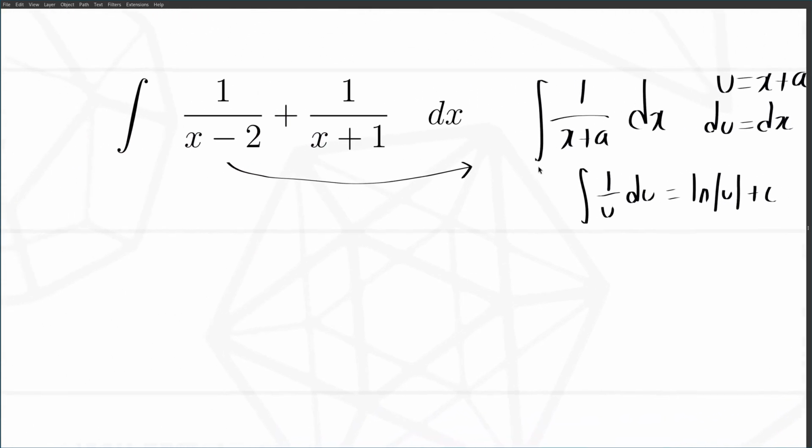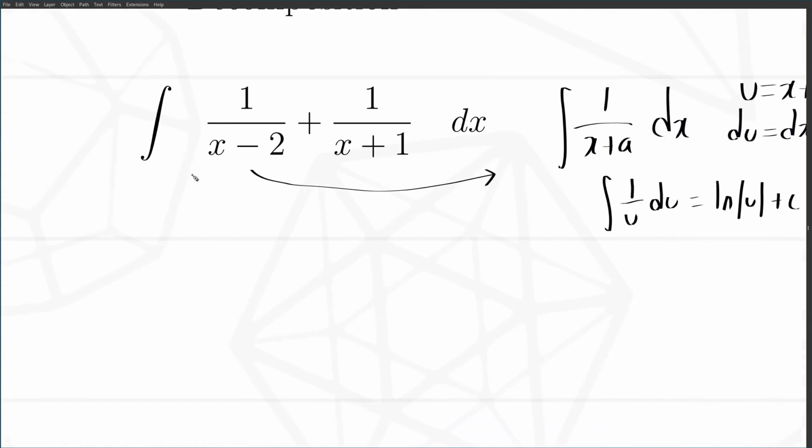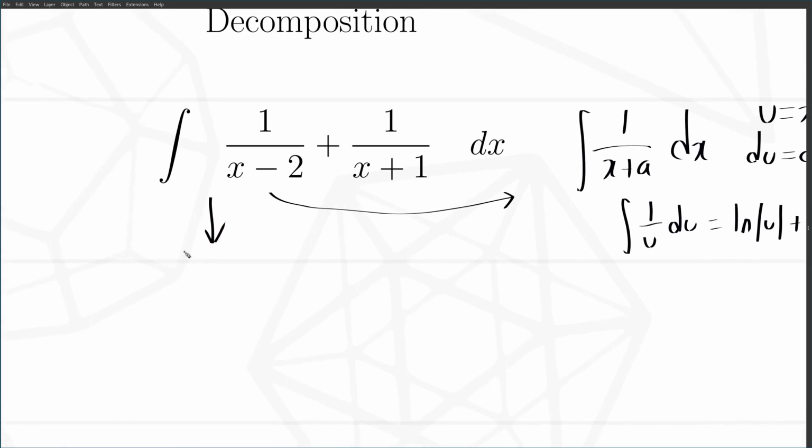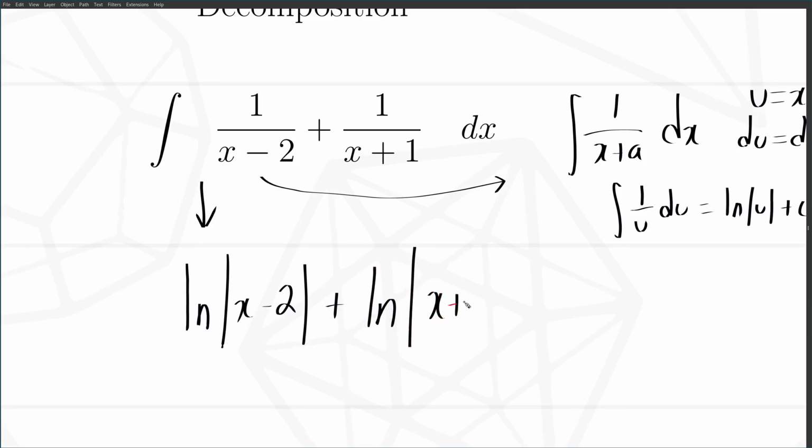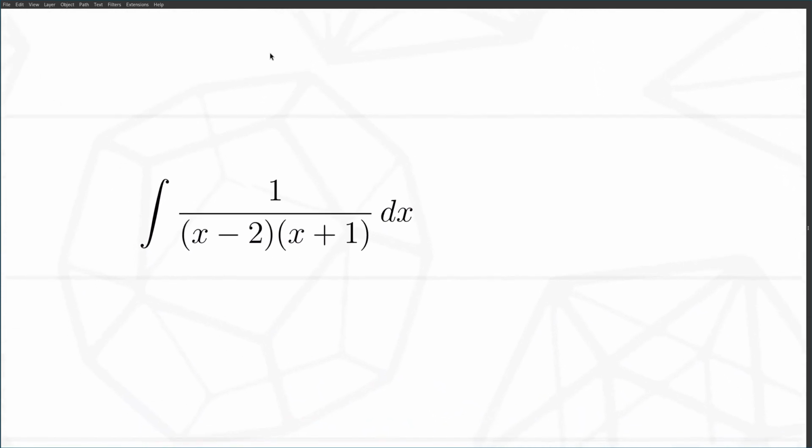Okay, and using that rule, that means this is going to be equal to ln of x minus 2 plus ln of x plus 1 plus c. All right. Using this simple example, let's see how we can do the next one.